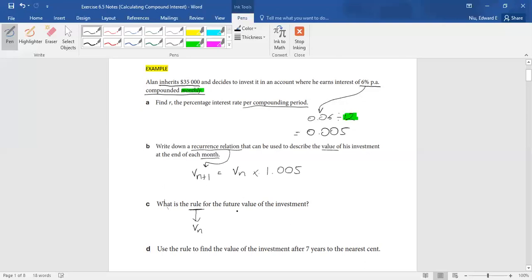So the value of this investment in any period equals our initial value, V0, times our adjusted interest rate of 1.005. Okay, I'm going to get questions with that, so let's tidy this up first.